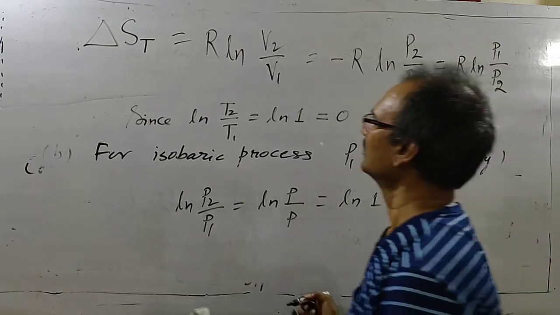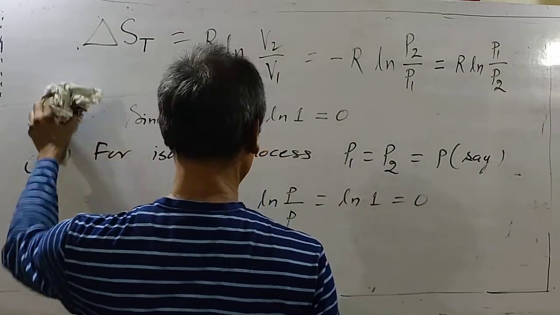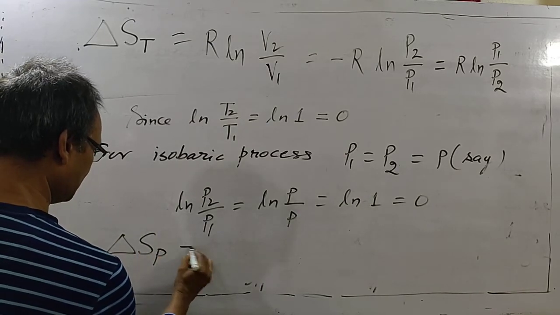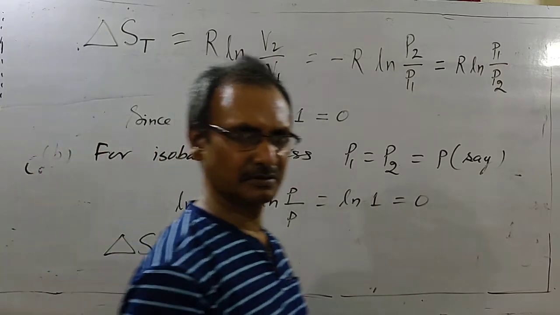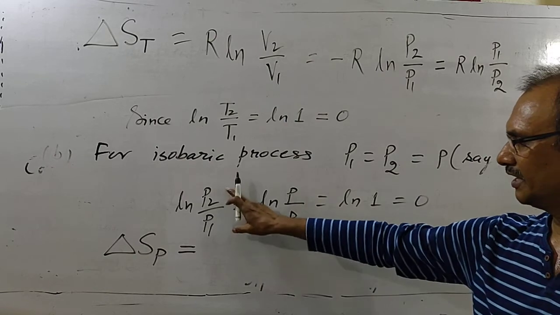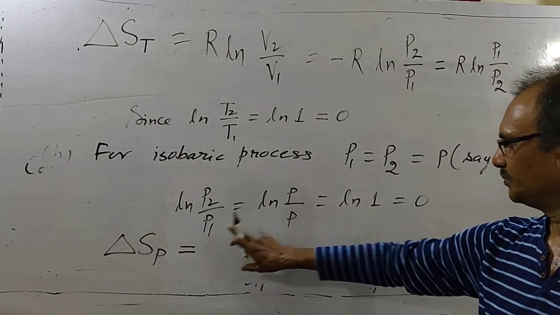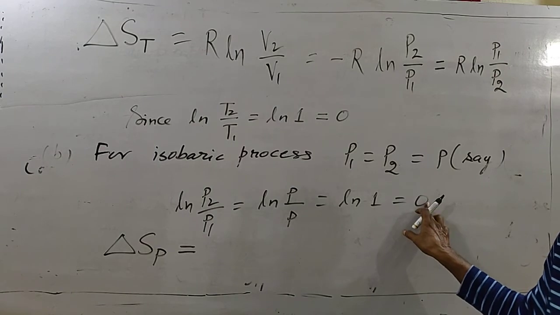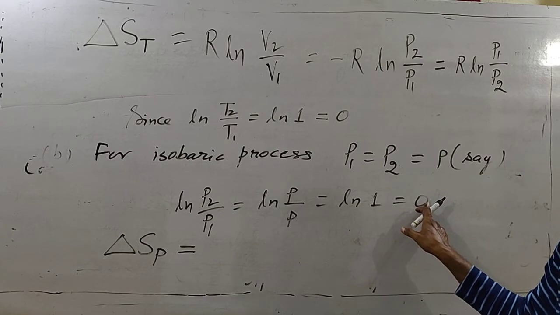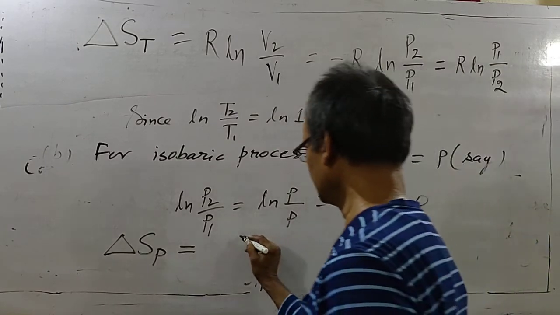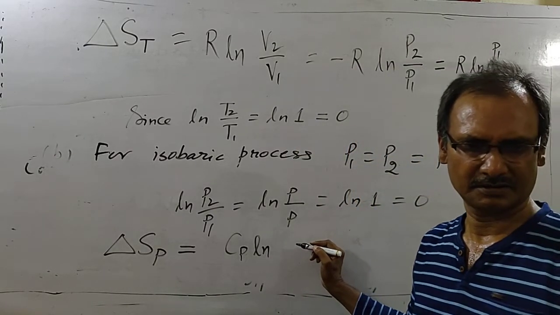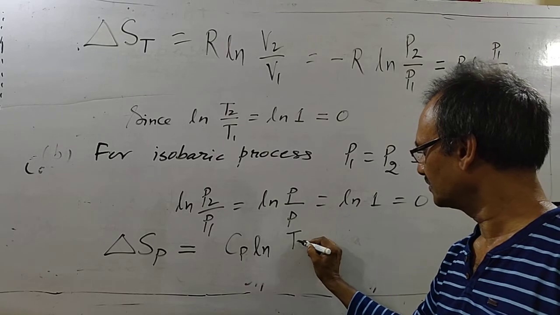So we may write the change in entropy at constant pressure by putting ln P2 by P1 equal to 0 in the above derived equation. We get delta Sp equal to Cp ln T2 by T1.